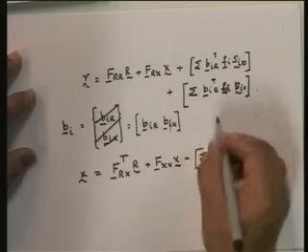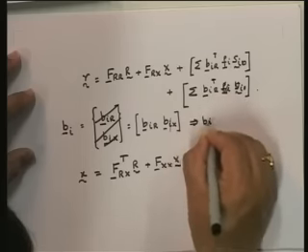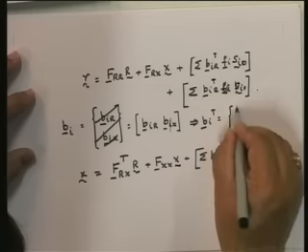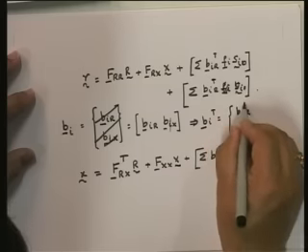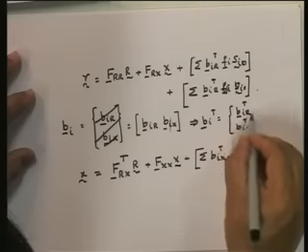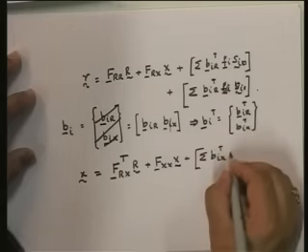When you do the transpose, this implies that BI transpose is going to be equal to BIR transpose, BIX transpose. So that's how it happens.